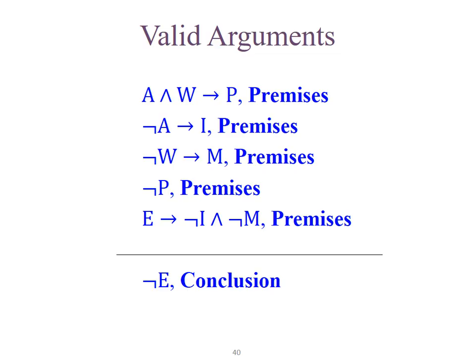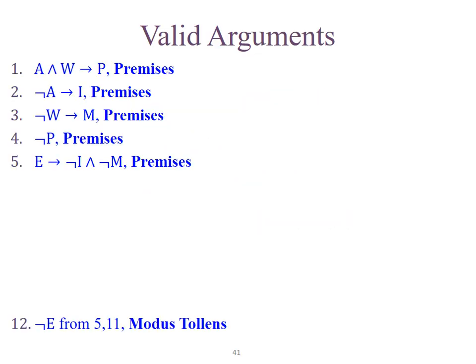Alright, after we write the English sentences as propositions, let's see how we draw the conclusion from rules of inference. Maybe we can apply our trick a little bit. If we want to draw the conclusion, we trace back a little bit to find the connection. If we want to prove not E, we can see the only connection is premise 5. So we have if E, then this one.